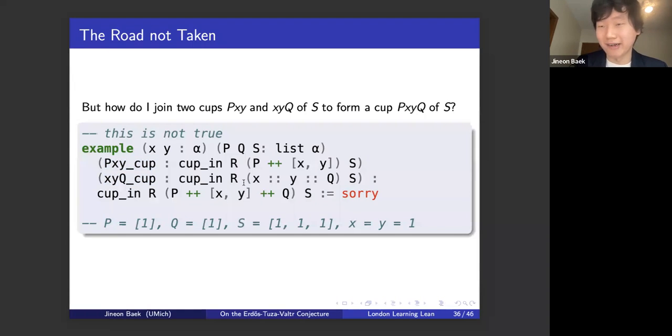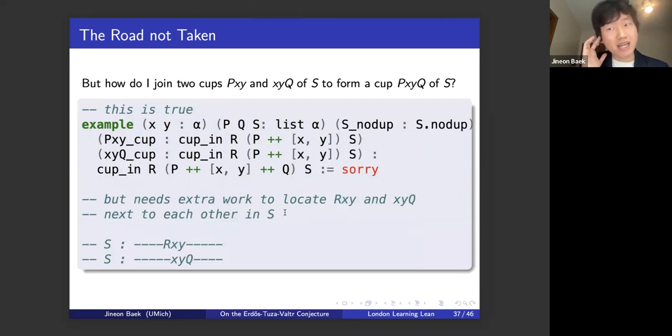But here, the problem is that we allow duplicated members in the global list S. So with this particular counterexample, this is not true. This can be saved by saying that in our global list S, we don't have a duplicated member, so S.Nodup.